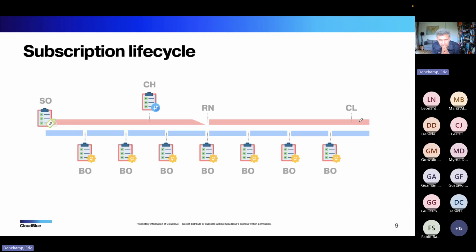If the product is not set to automatically renew, and that's a key thing, and the customer does not place a renewal order here, we don't need that cancellation order. The product will just stop at this point, automatically ending. That's a key thing to remember.